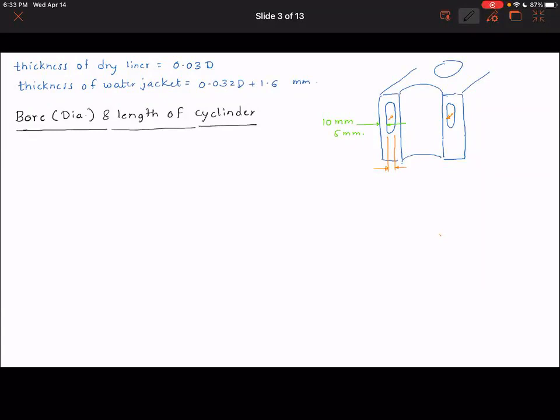Before we talk about bore and length of the cylinder, I would like to introduce an important concept, which is called the brake mean effective pressure.